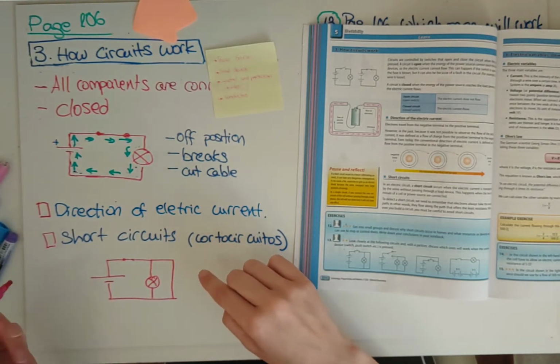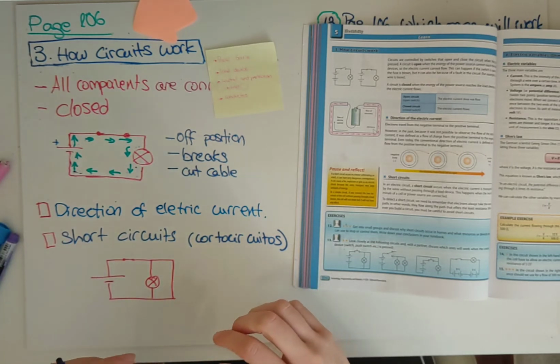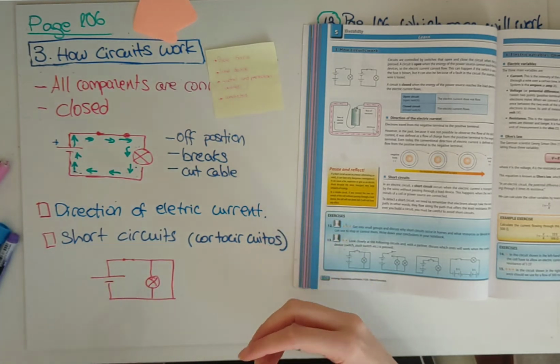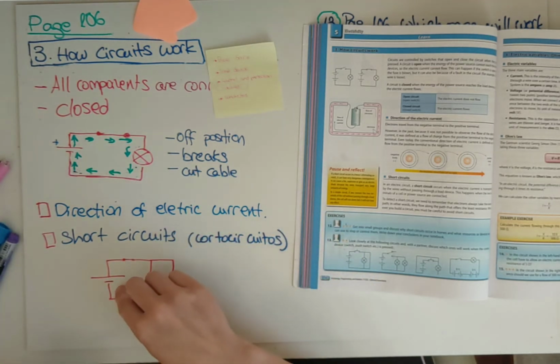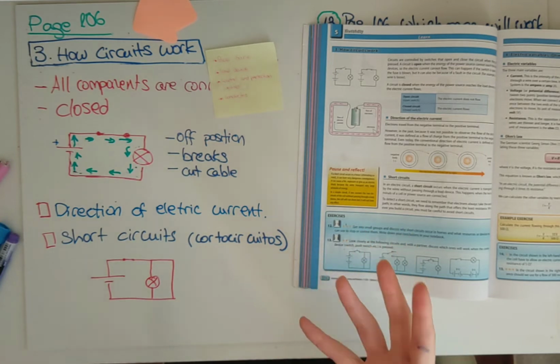A short circuit occurs when nothing converts the electricity into another form of energy, when the current reaches the negative pole of the battery without converting into another form of energy, okay?